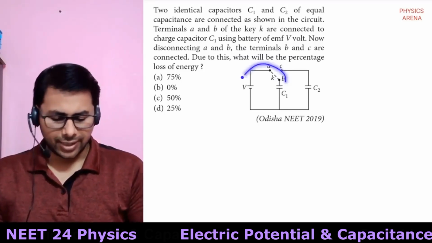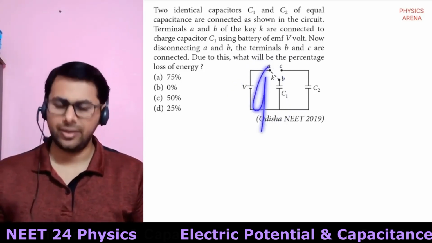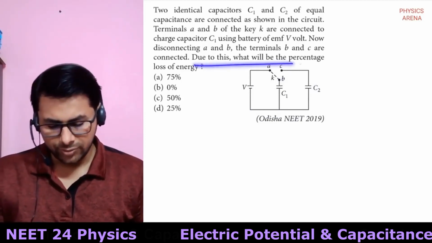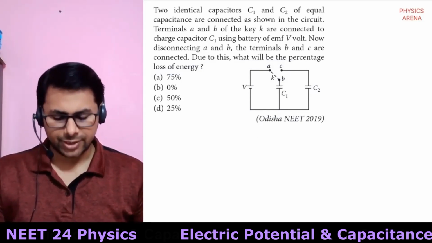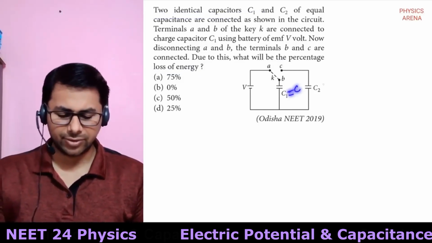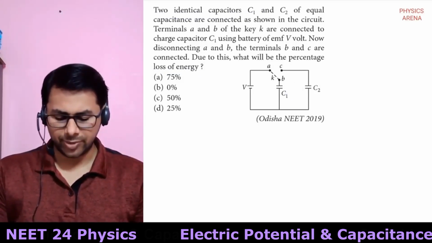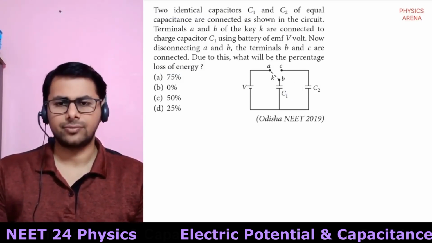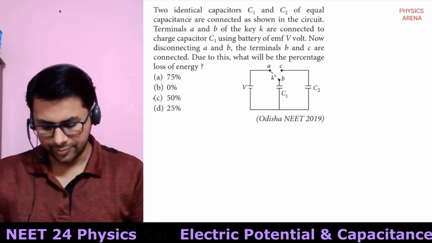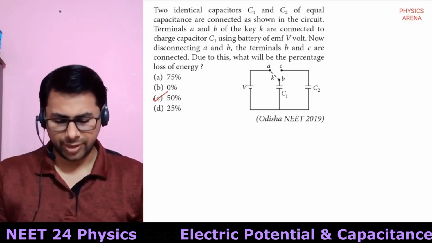You are charging this capacitor by a battery, disconnecting the battery, and connecting another capacitor. Due to this, what will be the percentage loss of energy? Again, these are identical capacitors, so C1 is equal to C, C2 is also equal to C. Tell me how much is the percentage loss? 50%. Energy becomes half, right? So it is option C. This is repeated many times.